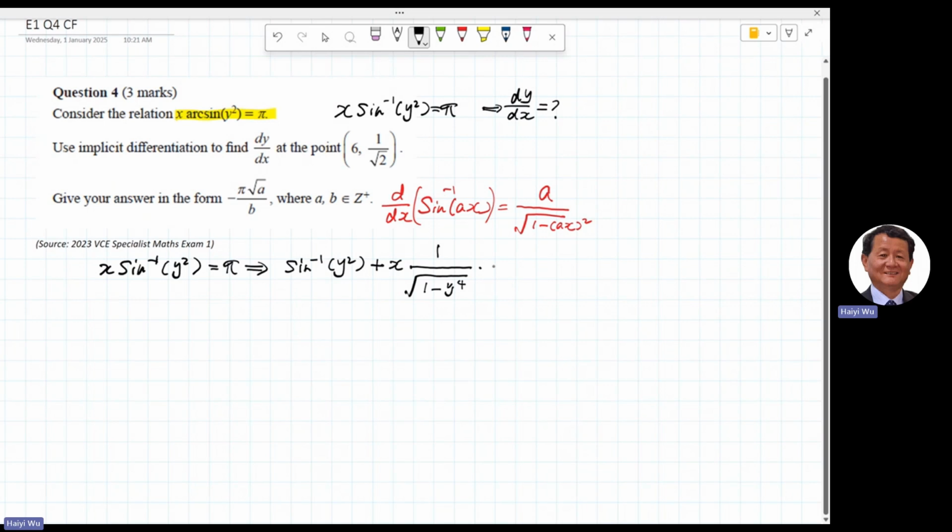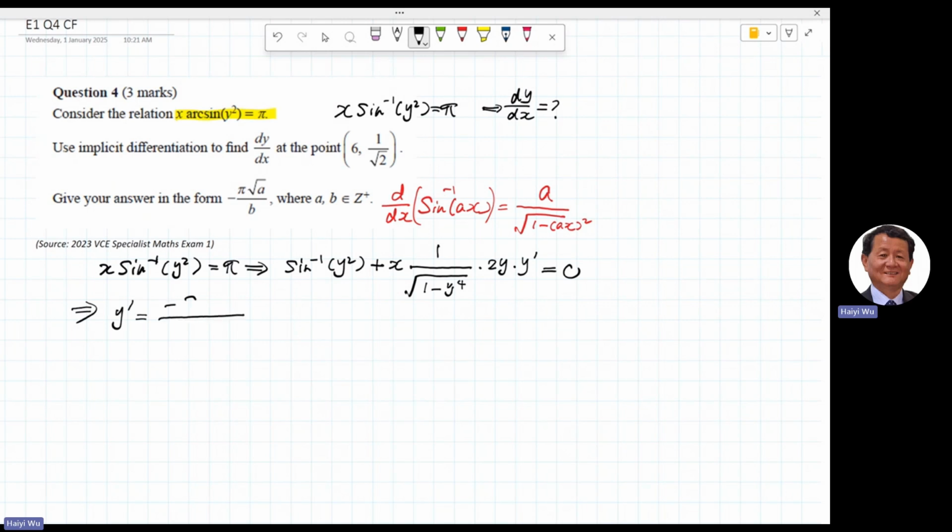The derivative of y squared is 2y times y dash. So don't forget that y squared differentiates to 2y times the derivative of y with respect to x, and this is equal to 0. Now we move to the next stage. We want dy/dx, so we move everything else to the right.